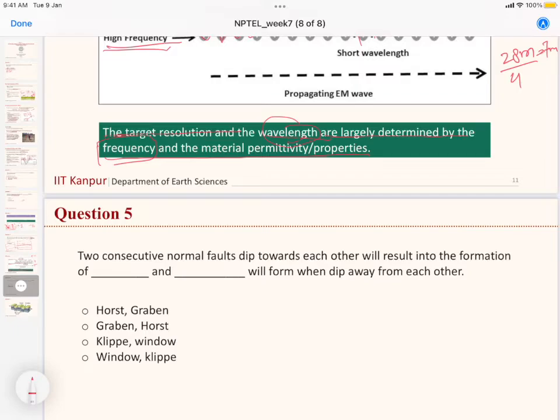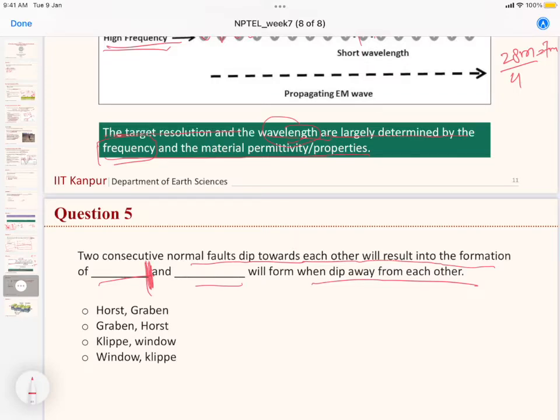The question states that two consecutive normal faults dipping towards each other will result in the formation of dash and dash, of dash, and there is another part that starts, and will form when dipped away from each other. It's a little complicated question, so let's break it into two parts. We'll focus first on the first part, up to just before the end.